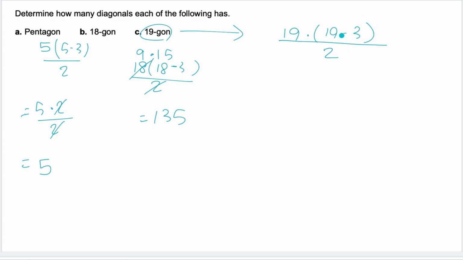An odd number minus 3 is always an even number, so it can be divided by 2. So 19 times 19 minus 3 is 16 over 2. Both are divisible by 2. So 19 times 8 is 152 diagonals. Okay, hopefully that makes sense to you.